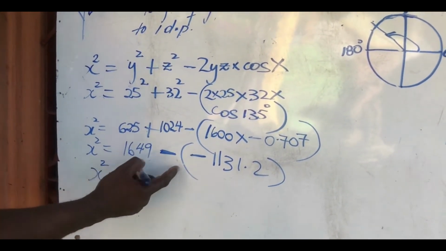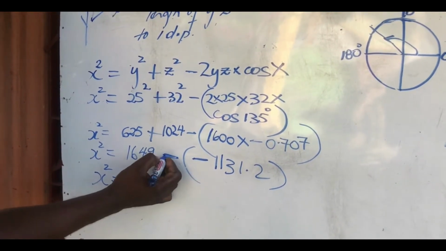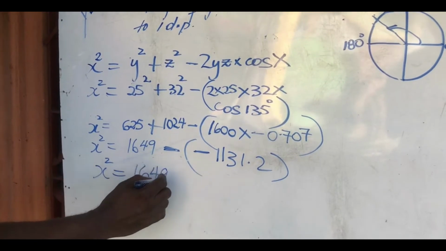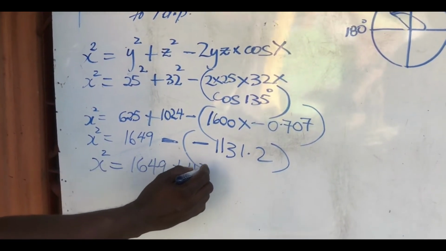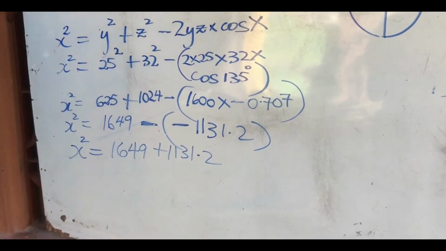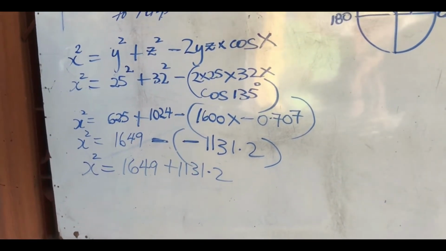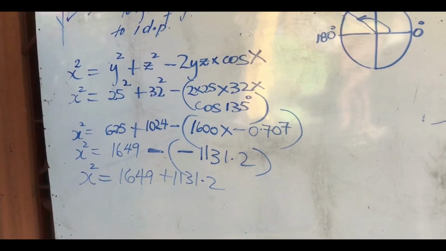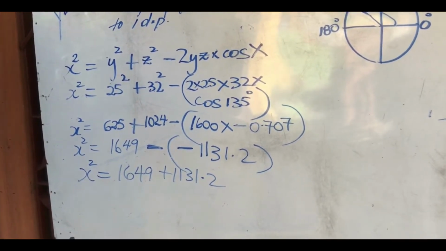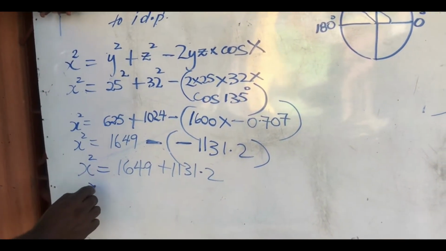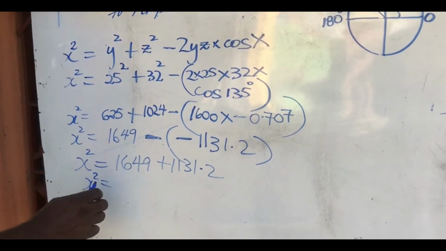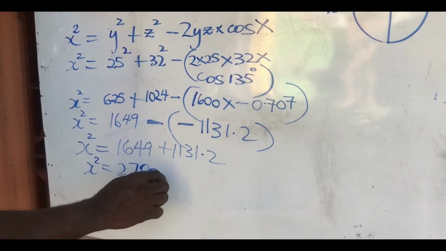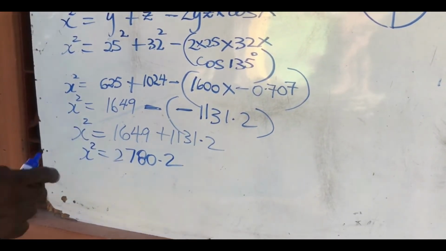So right here, when I remove this bracket, the negative sign will change the sign on the inside. So I have 1649 plus 1131.2. Then I go to my calculator and I add 1131.2 plus 1649, and I get x squared equals 2780.2.